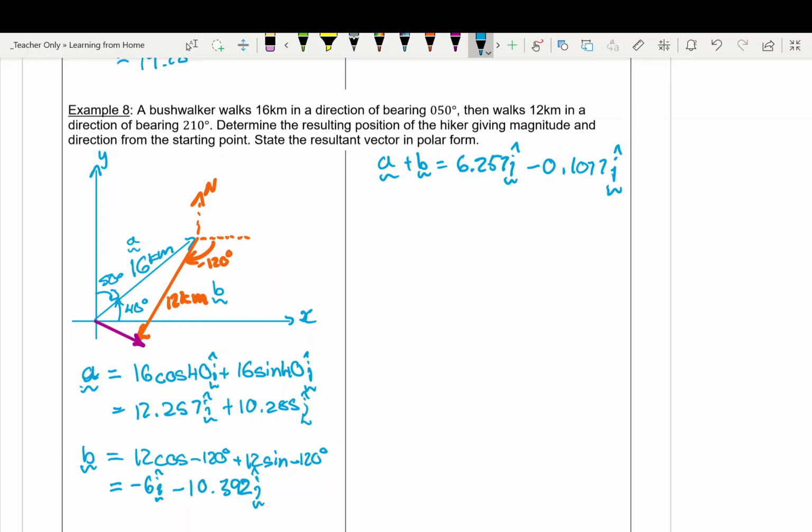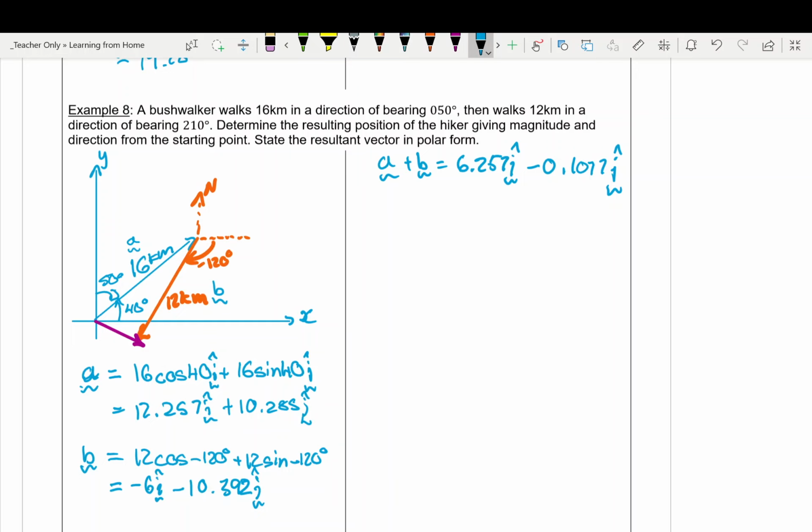Okay, so if we were looking at this vector and comparing it to our purple drawing, we can see that it does indeed make sense. It's going approximately 6 units to the right and approximately 0.1 of a unit down. So we can check our answer there. That's really handy to do little things like that in an exam. Just take a quick look at your original diagram. Does it make sense given the context? If not, go back through and check your workings, check your calculations.